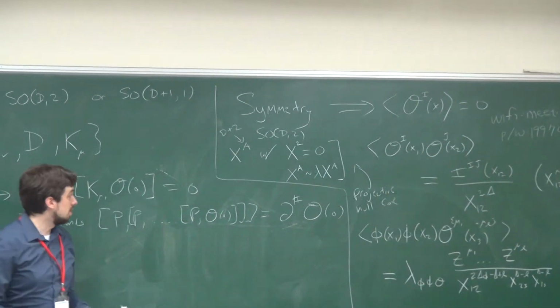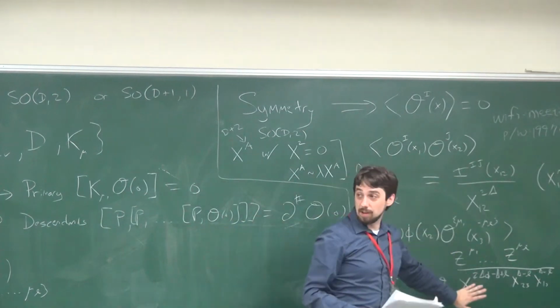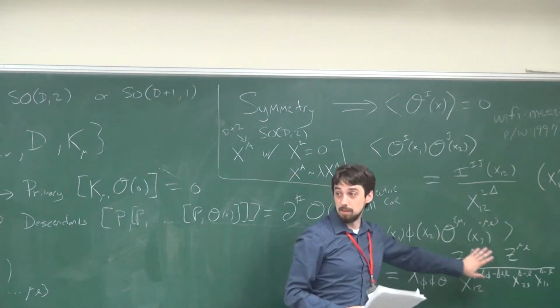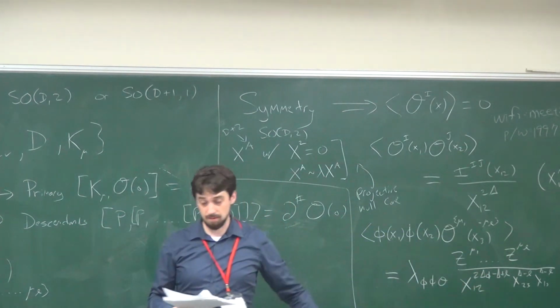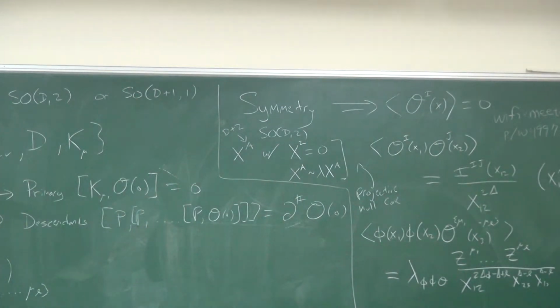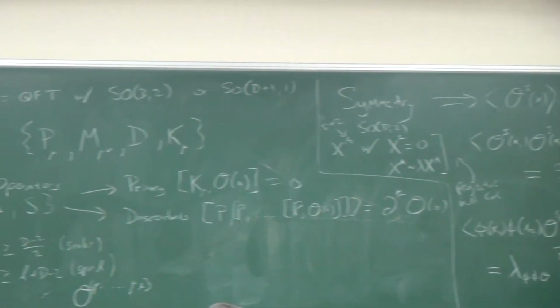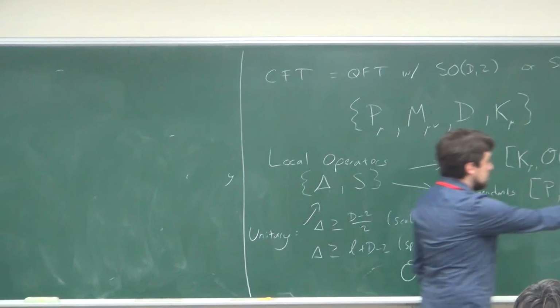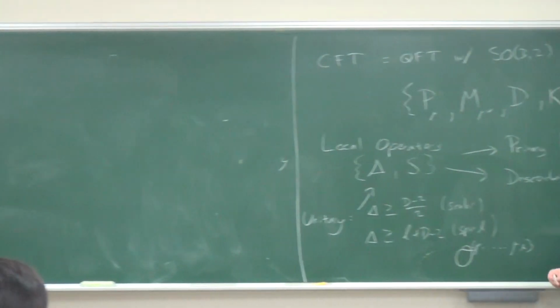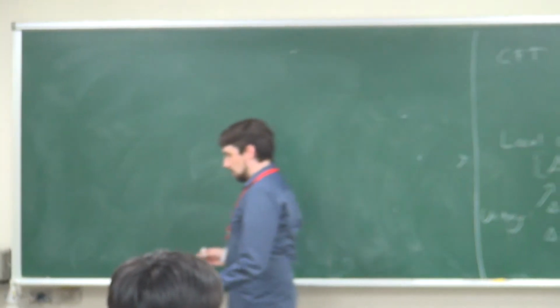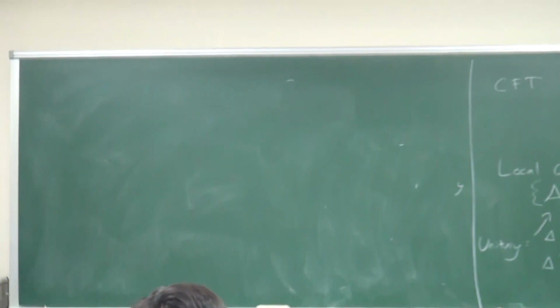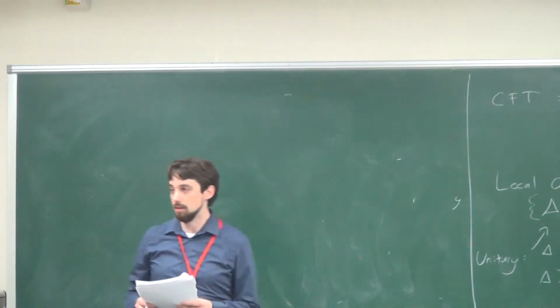So more generally, the 3-point functions aren't completely fixed, but they're determined in terms of a finite number of parameters. Now, knowing all these 3-point functions is equivalent to knowing the form of the operator product expansion.